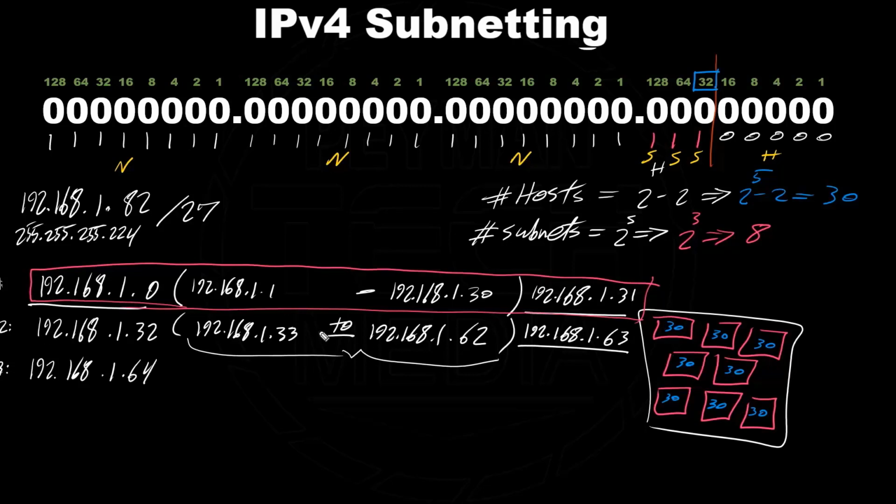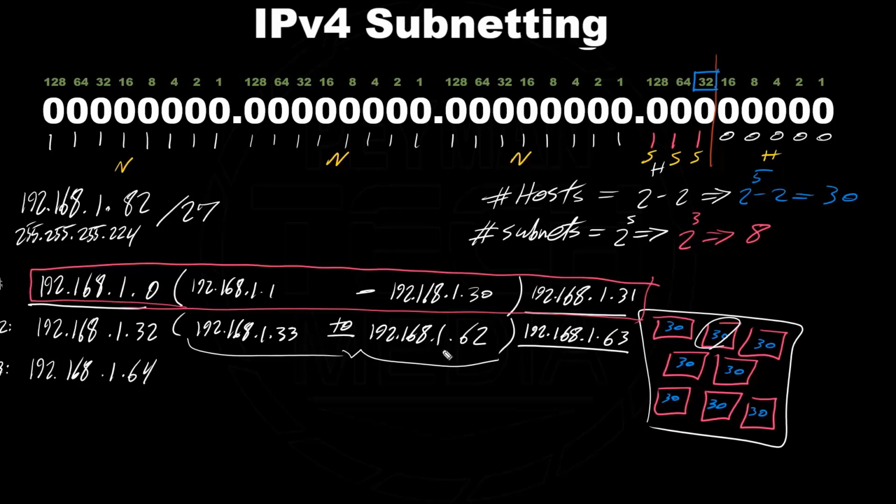So let's say if this is our other subnet, for example, we have 30 available IP addresses in that subnet as well. Again, here we can see 1.33, 1.34, 1.35 to 1.62. That should be 30 available IP addresses.